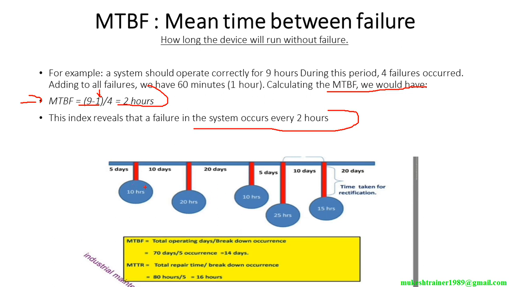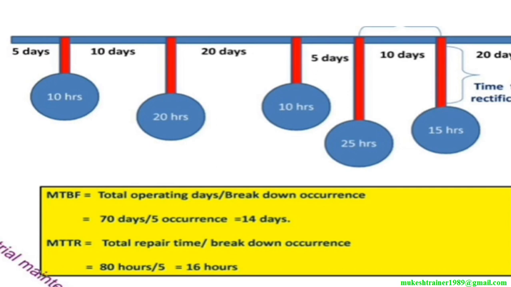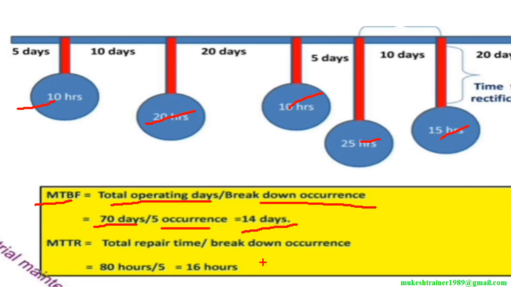Okay, after 5 days there is a 10 hour failure, after 10 days there is a 20 hour failure, after 20 days there is a 10 hour failure. So the time taken for rectification is 20 days. Let's zoom out here. MTBF is total operating days divided by breakdown occurrences. So 70 days total divided by 5 times it happens, 1, 2, 3, 4, 5, equals 14 days.